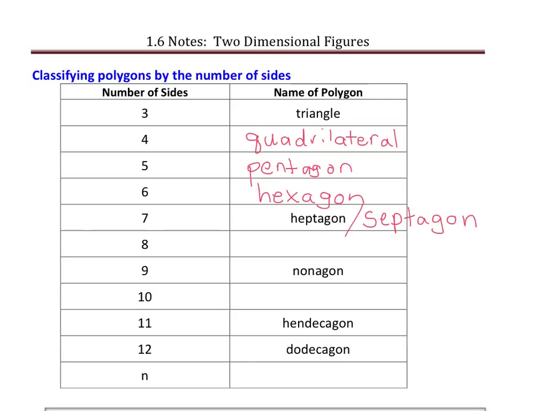And 8, the most popular regular 8-sided polygon, is a stop sign, and we call that an octagon. Usually people remember that from an octopus, 8 legs. 9 sides is called a nonagon. And a 10-sided figure, you might suspect, would be called a decagon, decade meaning 10 years.